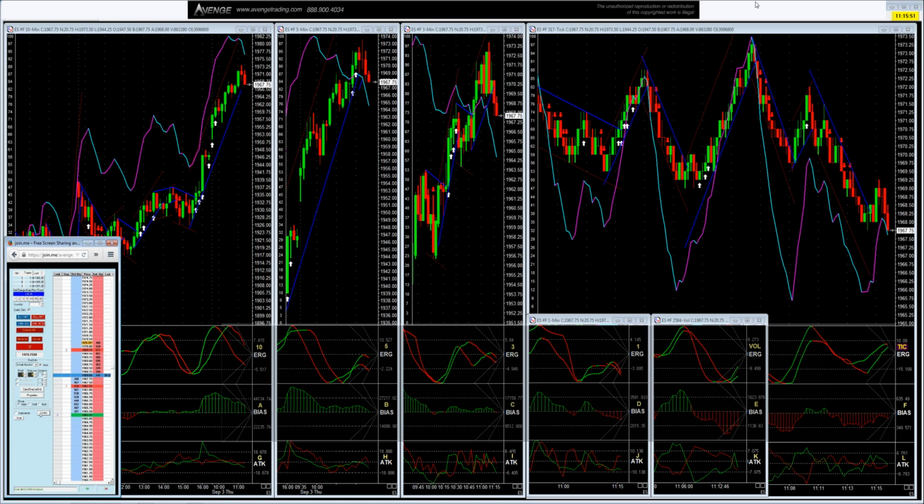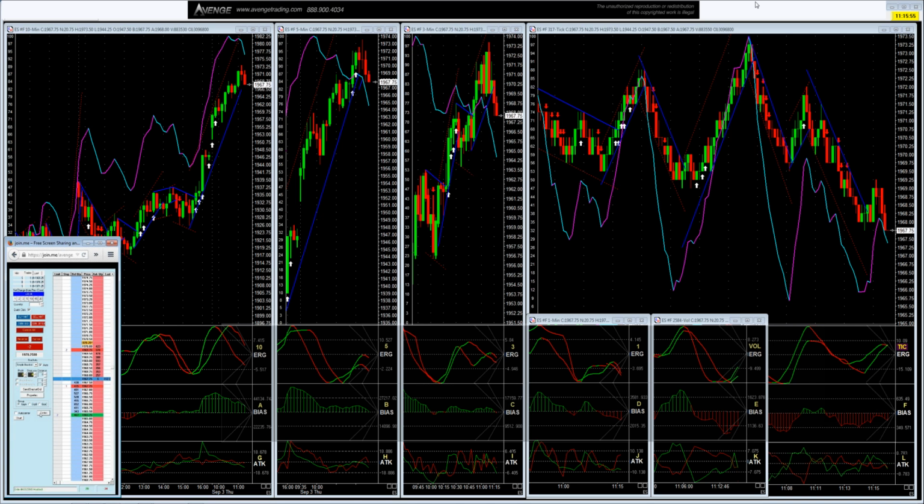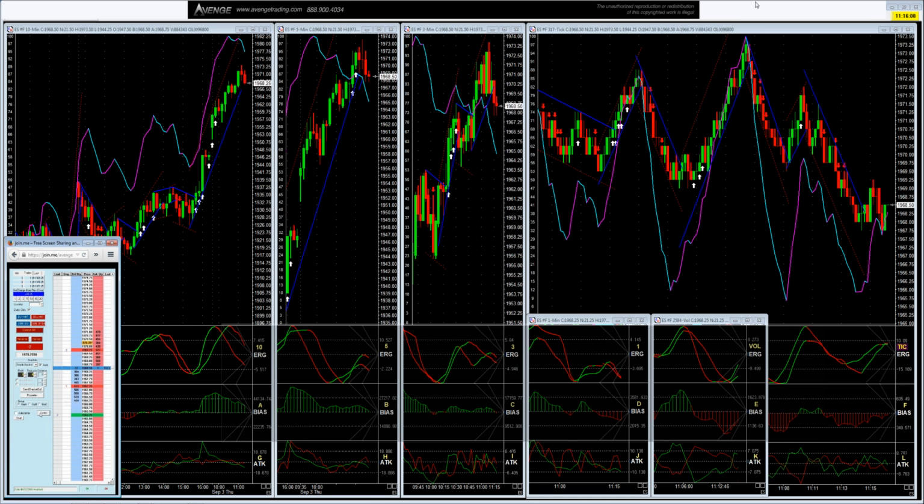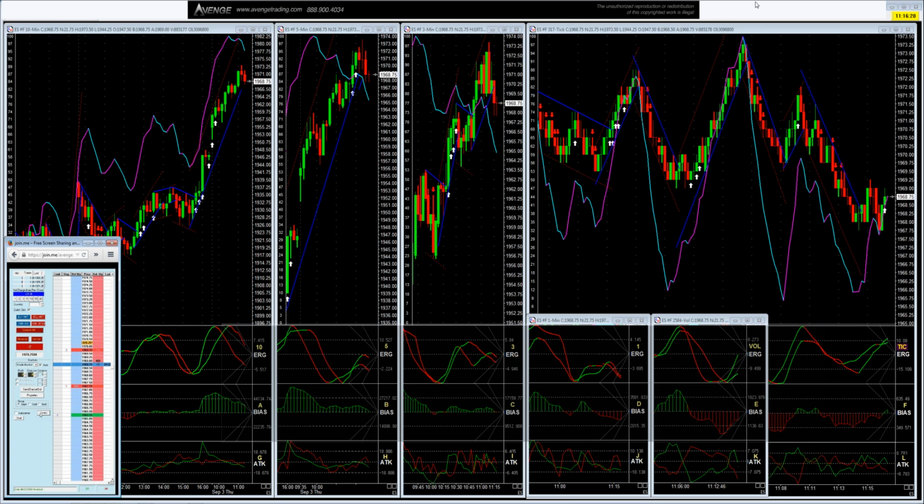There's that 4-point level of the compound entry at 67.25. And I've got my stop there at the 69.75, which is 2 ticks above this last retracement here to 69.25.